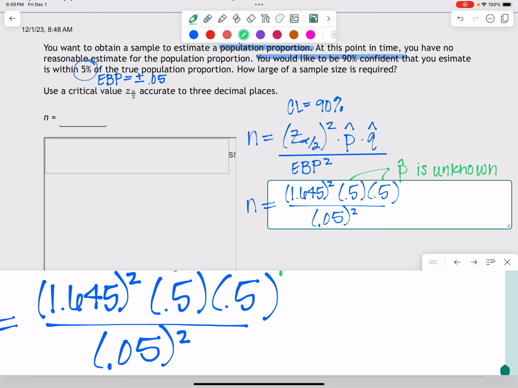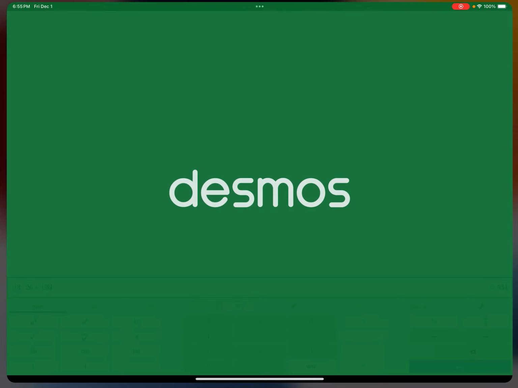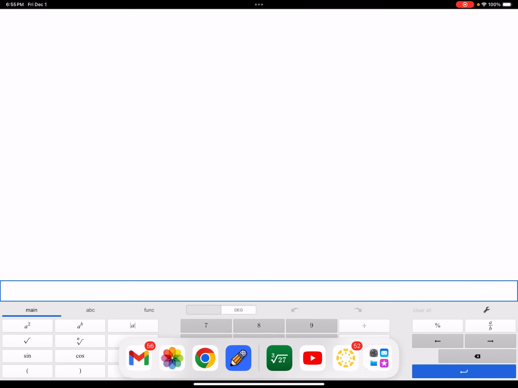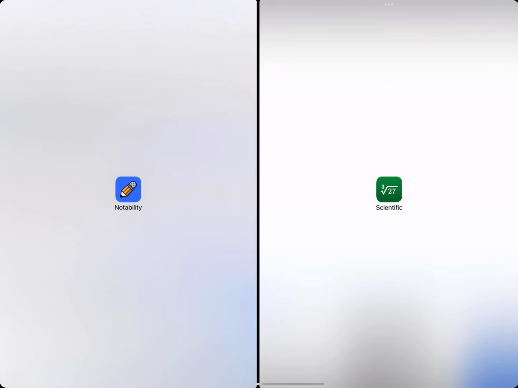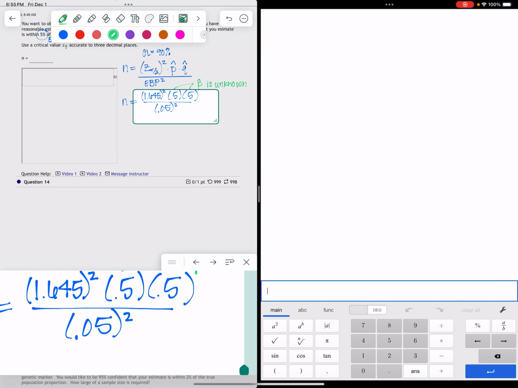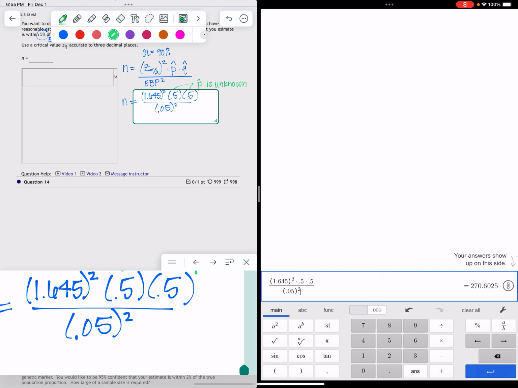So then we go to the calculator. Let me go find my calculator. And I want to do 1.645 squared times 0.5 times 0.5 over 0.05 squared.